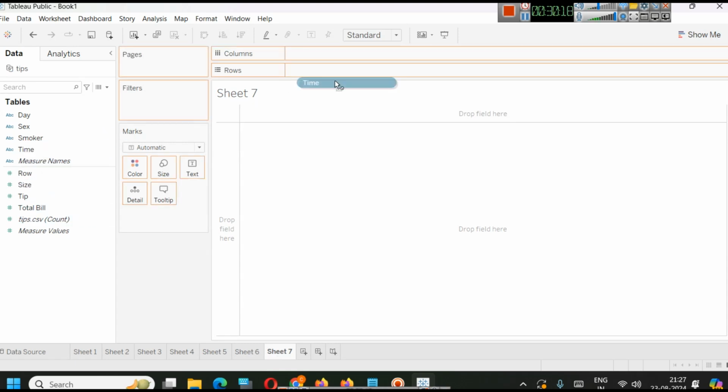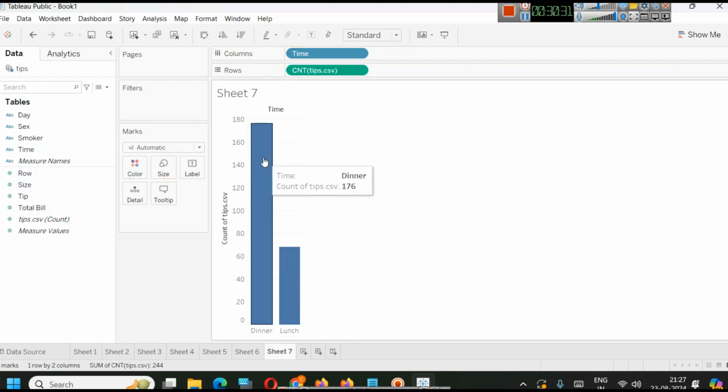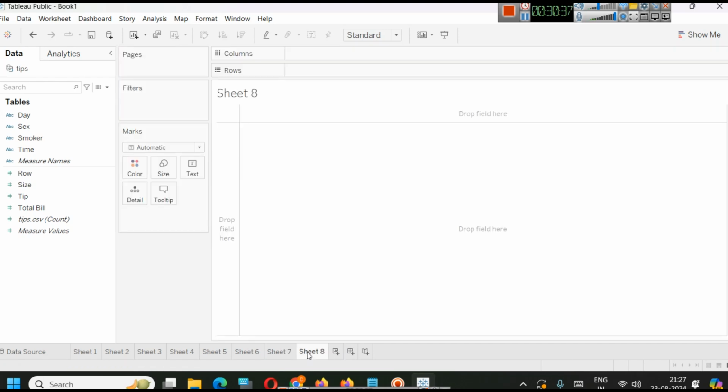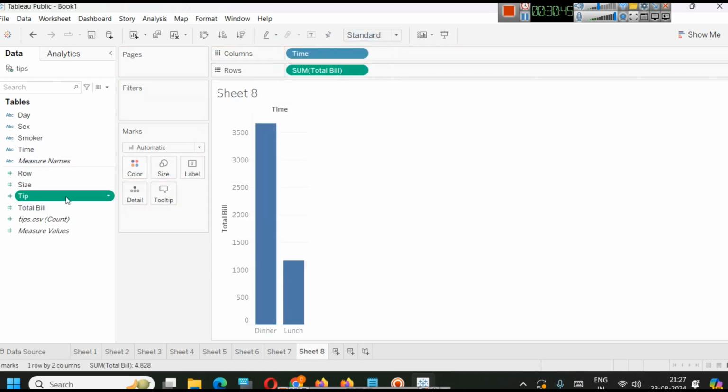And now finally time, dinner and lunch, and the same thing in time also. First calculate count, which you will see that more people ate at dinner time than lunch, so it's okay. And now again we'll do average. So time versus average total bill, average tip.